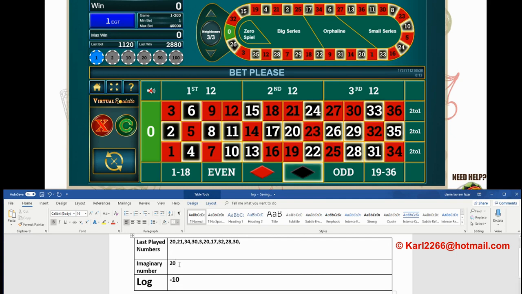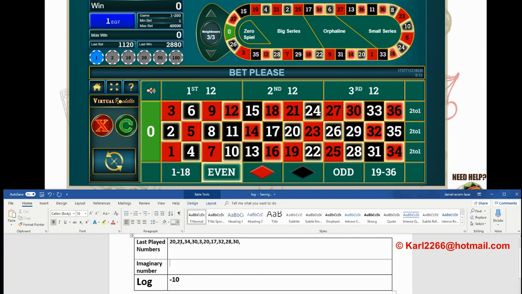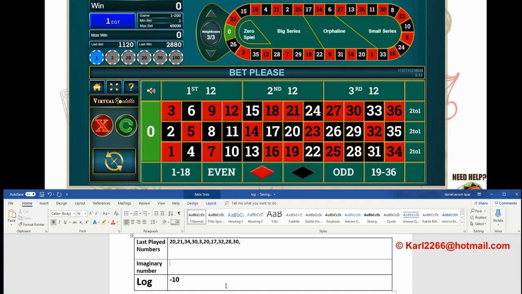I write here down the numbers with 4 terminals, and when we got those numbers as imaginary number, we don't play. So 8, 11, 14, 17, 20, 23, 26, and 29. Okay, when we got those numbers as imaginary number, we don't play, we wait.